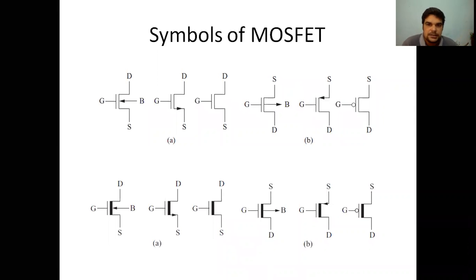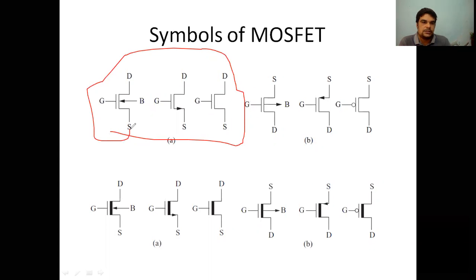These are basically the symbols of MOSFET. The ones above are the symbols of enhancement MOSFET, and below are the symbols for depletion MOSFET. Okay, so here you can see these notations. This is the symbol of an N-channel enhancement MOSFET.